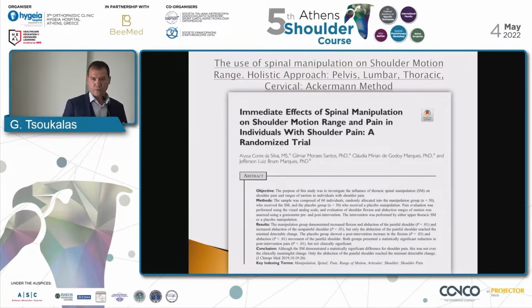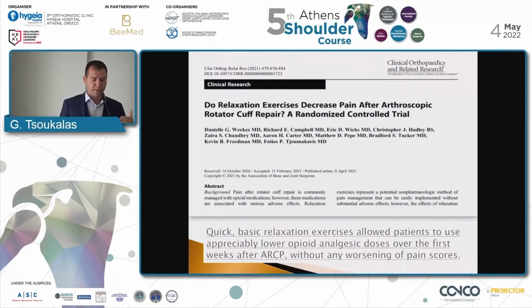We know there is a lot of research about the relationship between spinal manipulation and shoulder range of motion and pain in individuals with shoulder pain. And in our manipulation approach, we have to be holistic: pelvis, lumbar, thoracic, and spine.